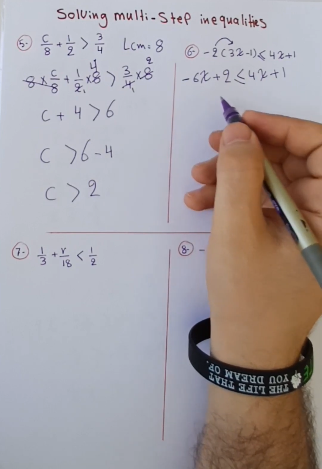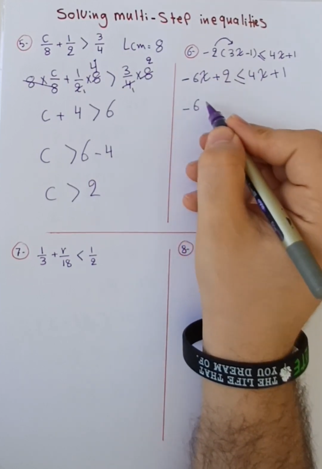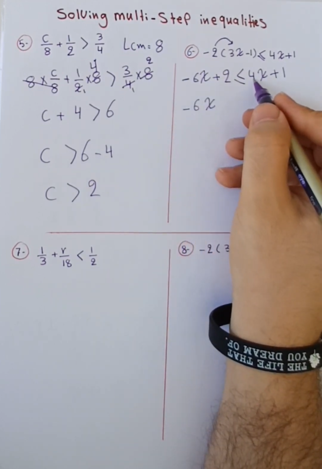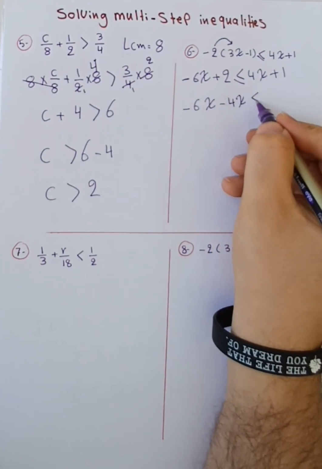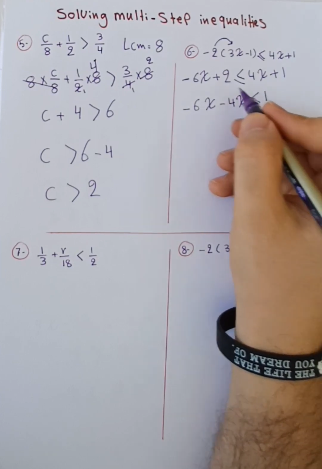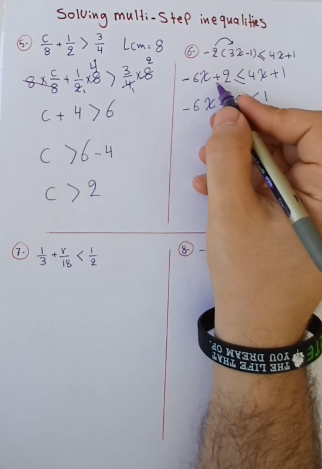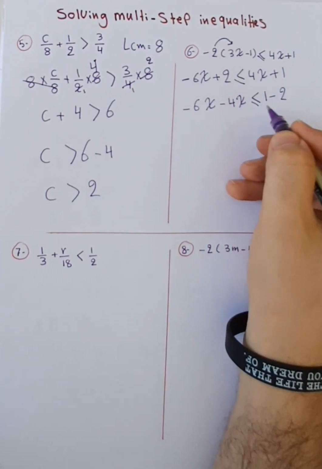And then we can combine the like terms. Negative 6x, positive 4x becomes negative 4x, less than or equal to 1, and we have to change the place of positive 2 to become negative 2.